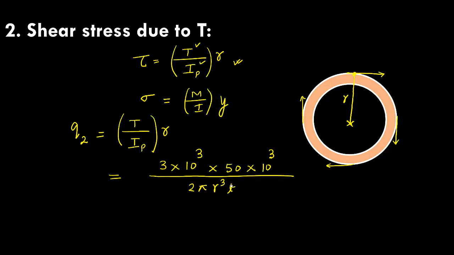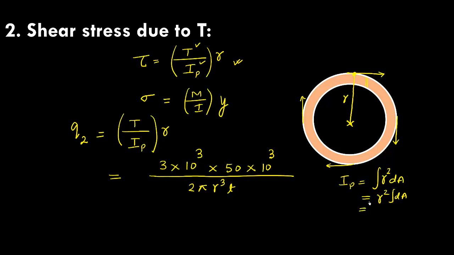If you remember how we calculate IP, IP is nothing but the integral of R square dA. Now in this case R is constant, since we are assuming that this thickness is very small, so basically we are assuming that all the area is located at the mean radius. So we can simply write R square times integral dA, because R is constant.